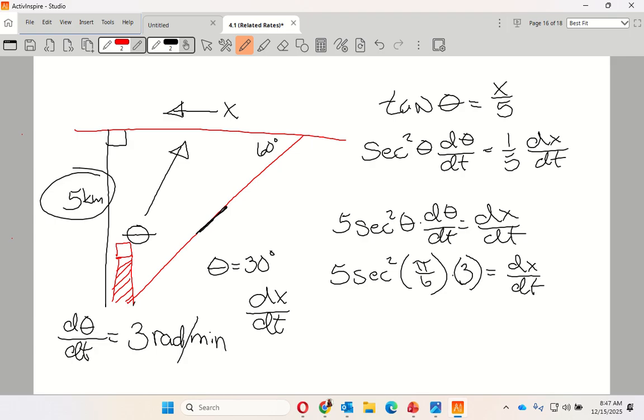All right, with that secant pi over 6. Secant is the reciprocal of cosine. What is cosine at pi over 6? Rad 3 over 2. But if it's secant, that means it's the reciprocal identity, so it becomes 2 over rad 3. 2 over rad 3, that's correct.